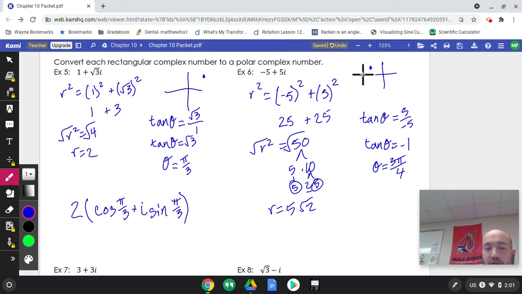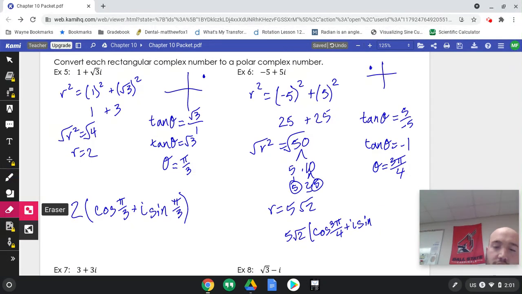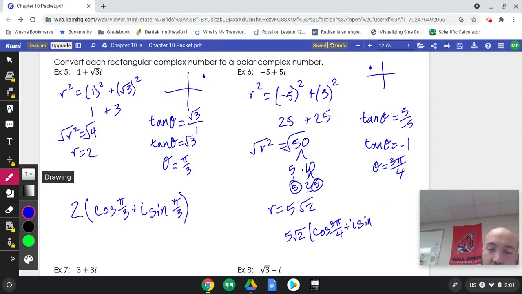But that doesn't help us because we know it's in quadrant 2. All right, so we write it down. Plus i sine 3 pi over 4. And we're done.